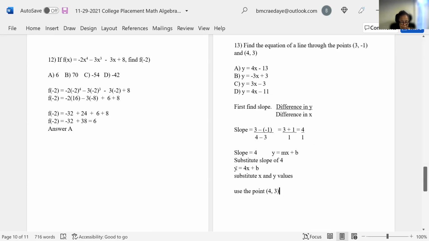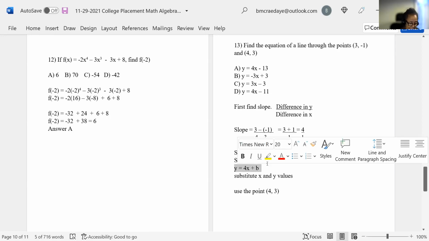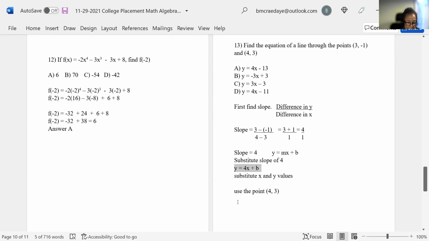So that means this will become, we take this equation, now we'll put the 3 for the y, 3 equals 4, and what's the x? 4.